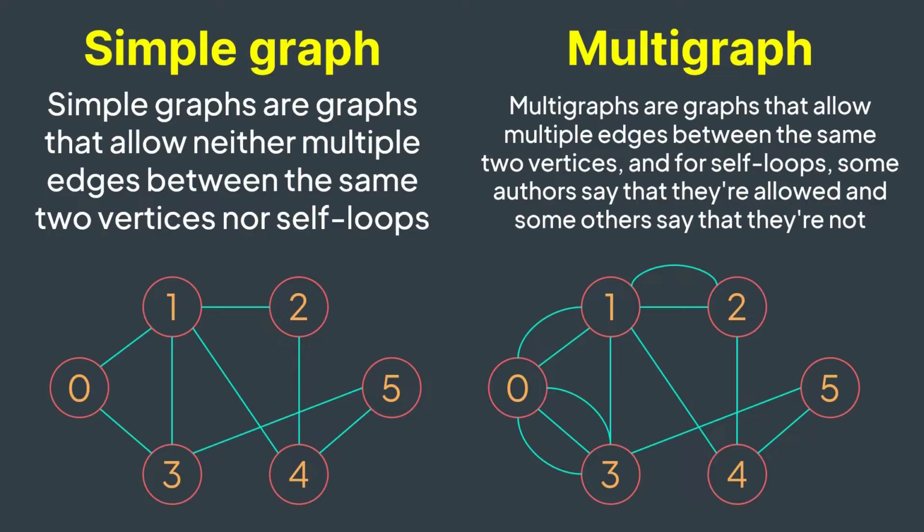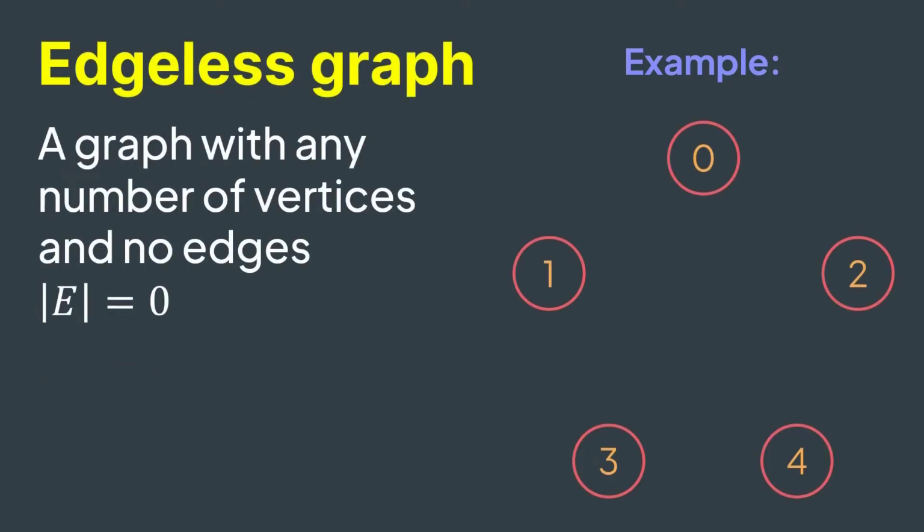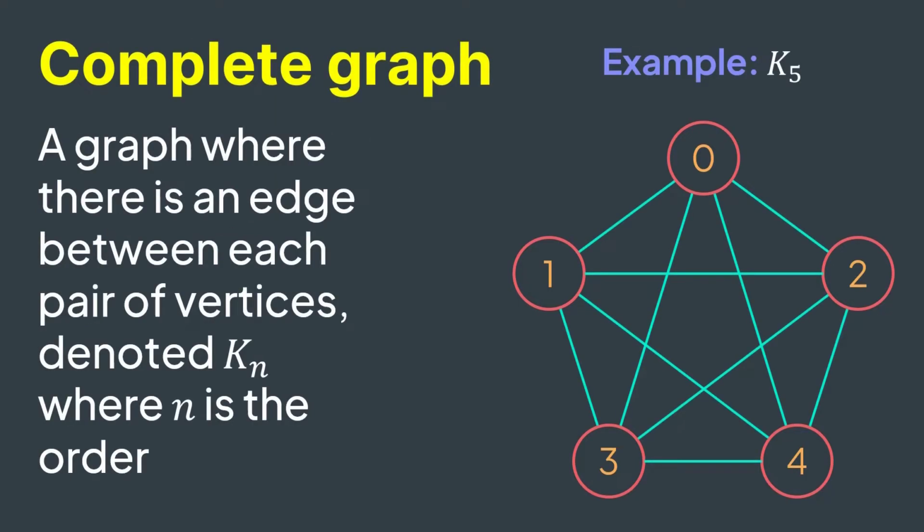We also have other types of graphs you should know about. First, we have the trivial graph, a graph with only one vertex and no edges. We also have the edgeless graph, a graph with any number of vertices but with 0 edges. We also have the complete graph, a graph where there is an edge between each 2 pair of vertices, denoted K subscript n, where n is the order of the graph.